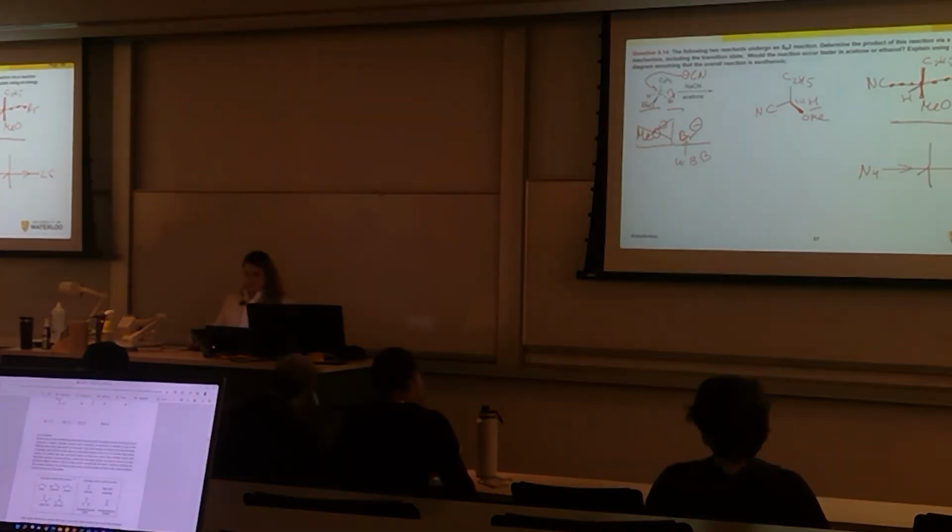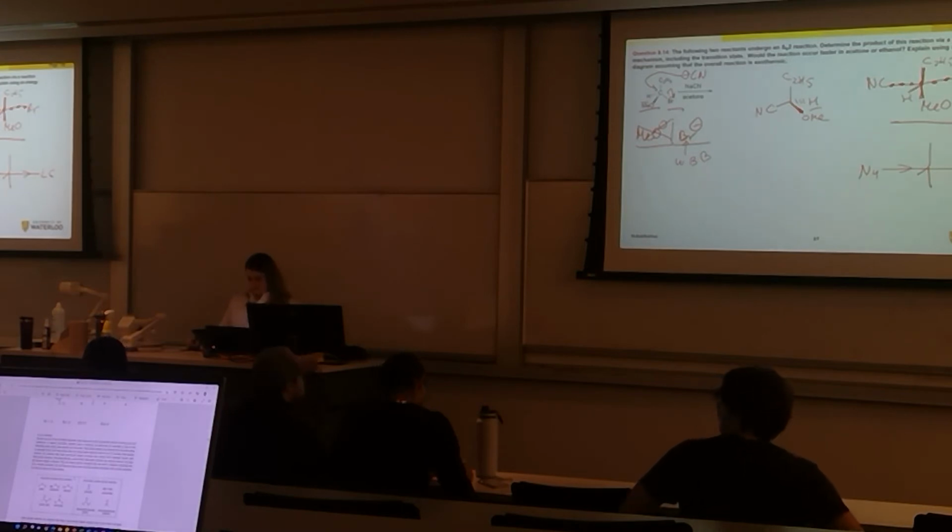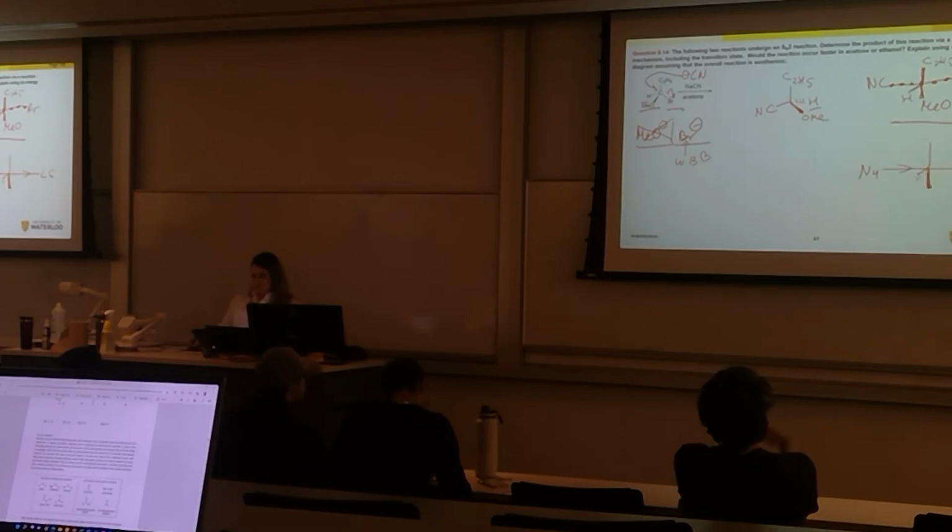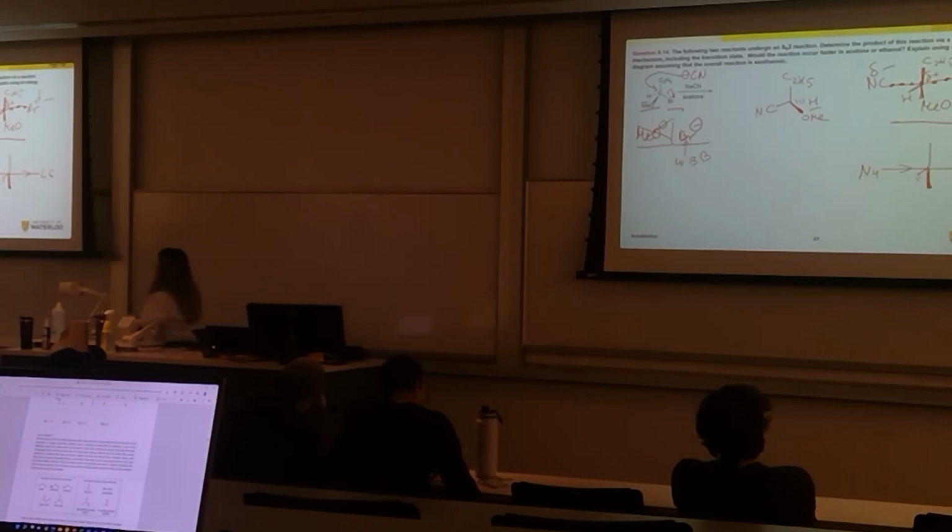When you're drawing the transition state, you have to write the charges, because if you look at it, you have a kind of five-coordinate carbon. You can draw something like this. Can you assign formal charges, or does that not make sense? But what is formal charge?